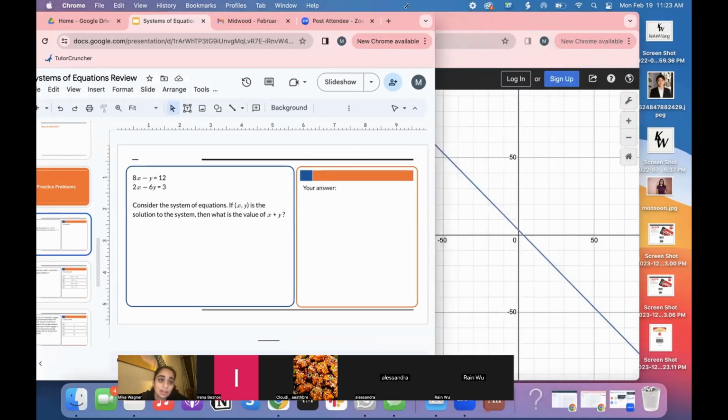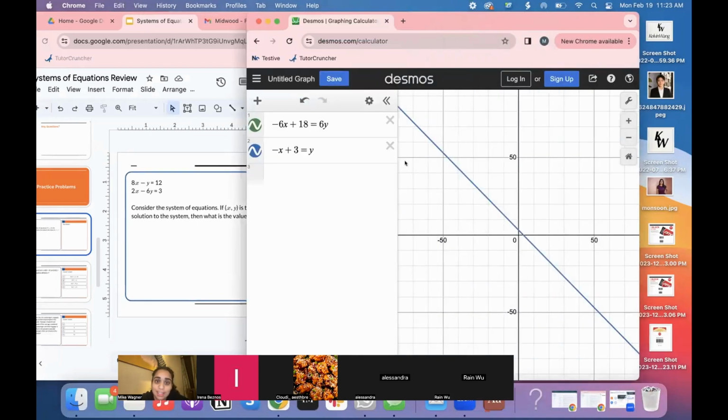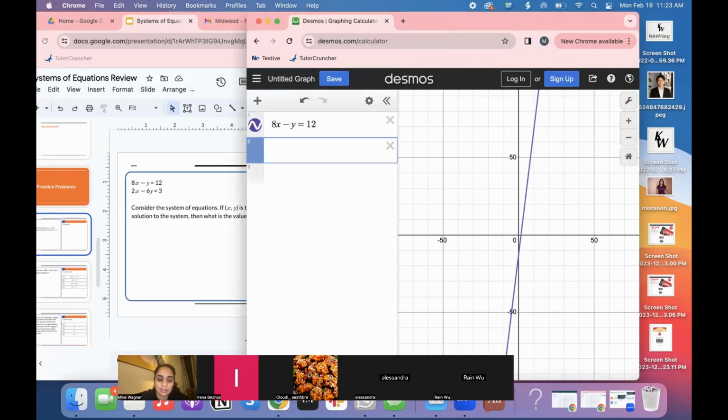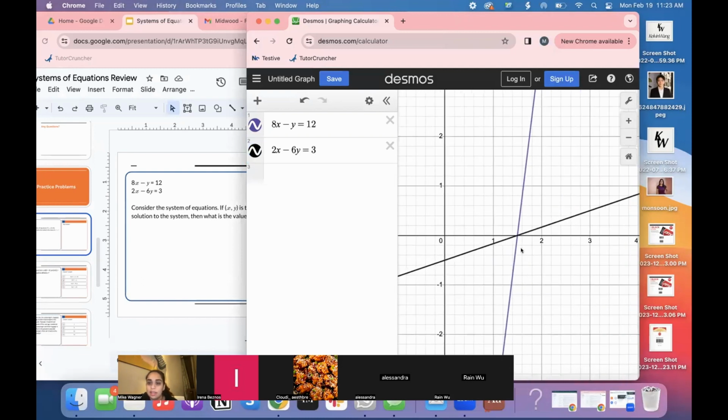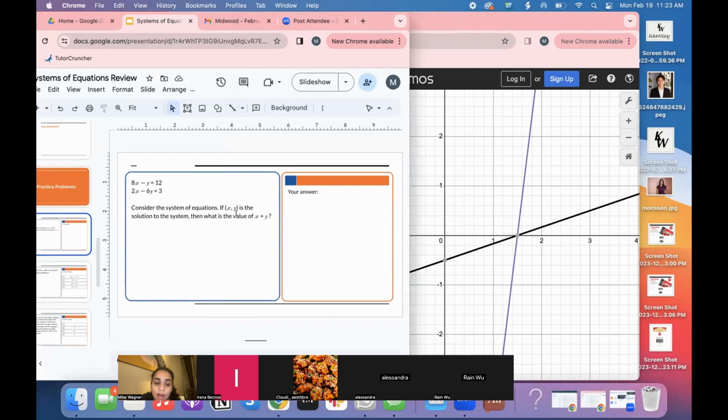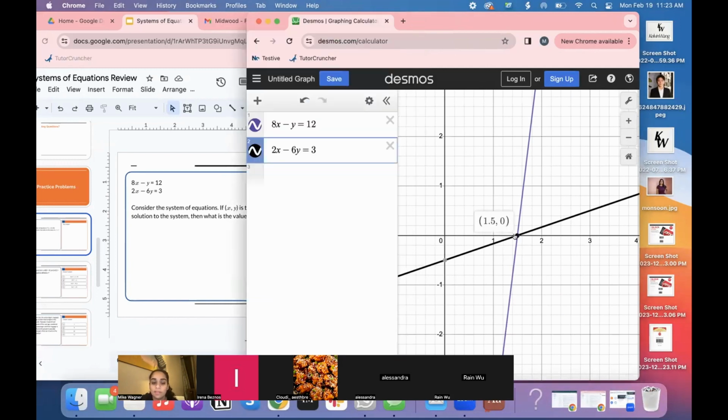We can solve it out, or we can use our handy dandy Desmos. It looks kind of weird, but if we zoom in, they intersect at 1.5 comma 0. The question is not asking x comma y, it's asking for x plus y. x is 1.5 and y is 0, so if you add them up, it's 1.5.